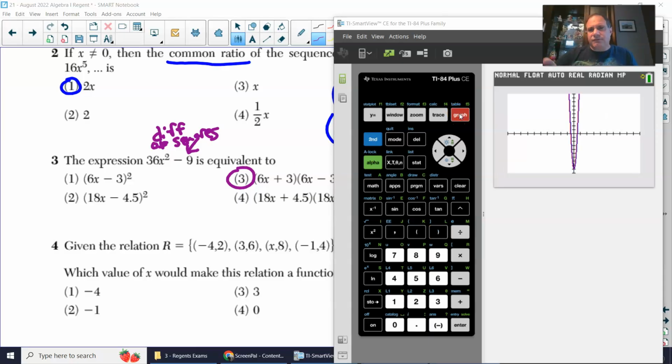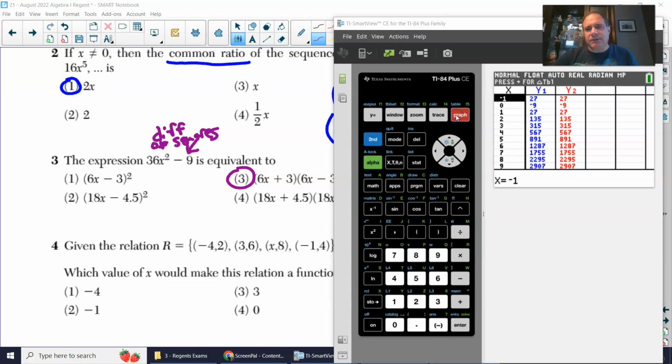So that's the first graph, that's the second graph, and you could check it by doing second function table. Second function table would be the same exact numbers throughout. That means that's the answer. So that's an easy way and a trick that you could use the calculator. You don't have to do anything by hand for number 3.